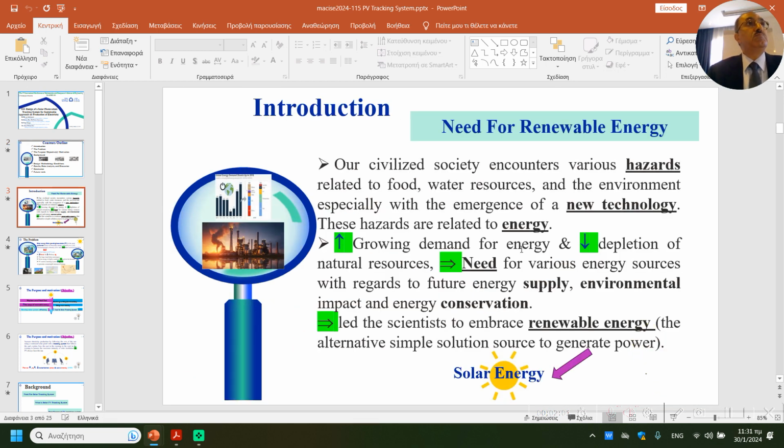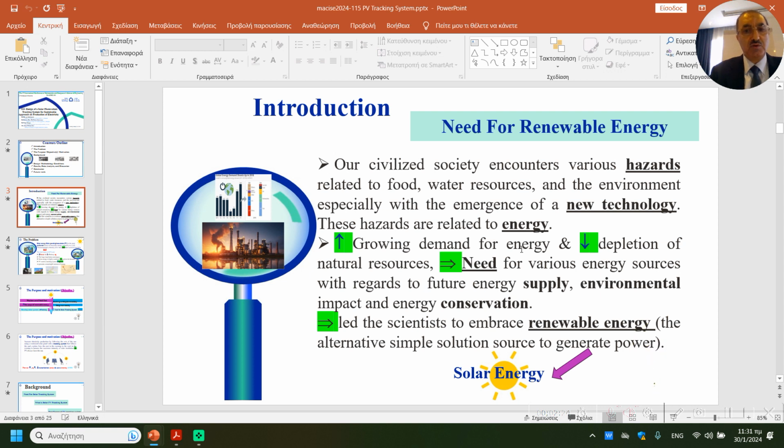So we know that our civilized society encounters many hazards. These hazards are related to food, water, and many resources and the environment, especially when we are talking about new technologies and new inventions. All of these hazards are related to energy.